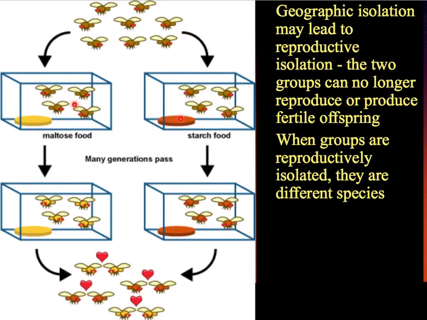So here, these flies here, one group is fed starch food, the other maltose food, and over time, due to their diets, they actually have new characteristics. So here, the flies look the same, but they're fed different foods. And then, as this is fed maltose food, these flies become yellow in color, all right? And these flies maintain a red coloring because of their starch diet. The same could be true of the northern spotted owl.